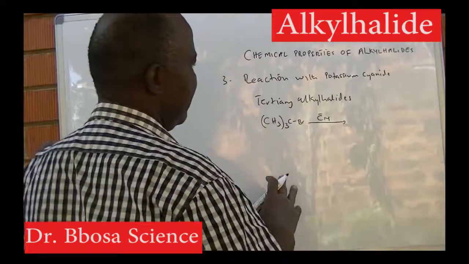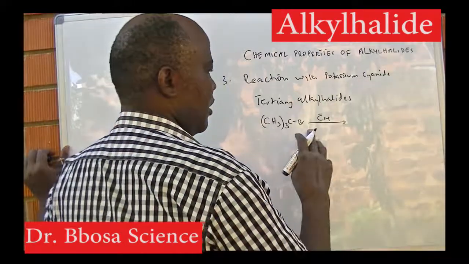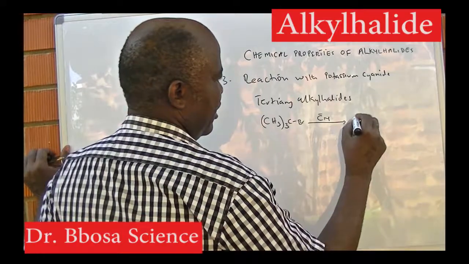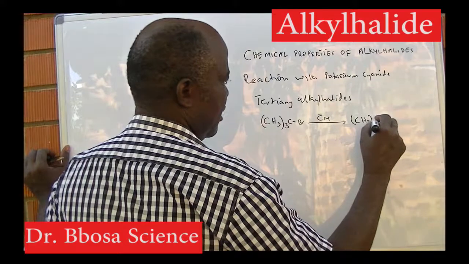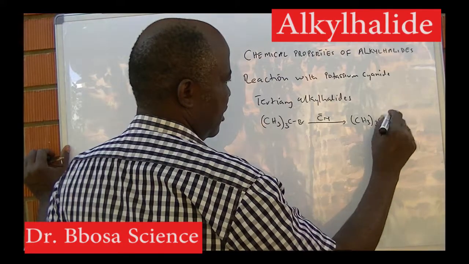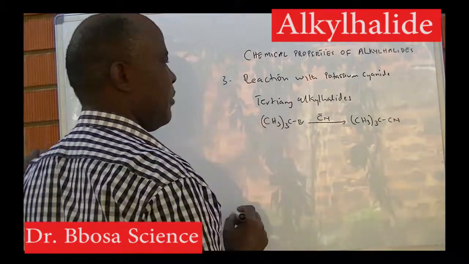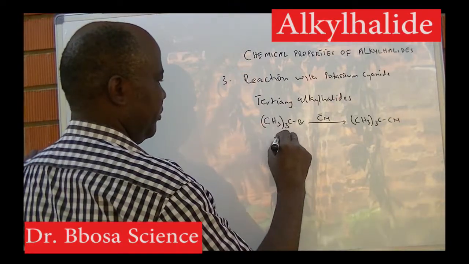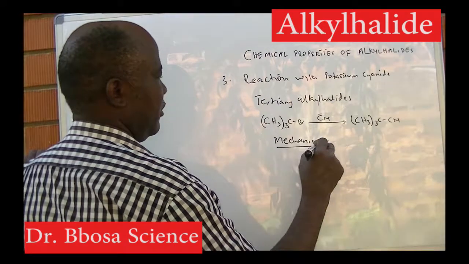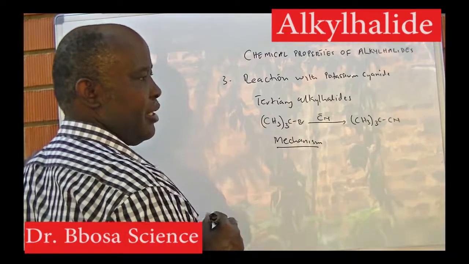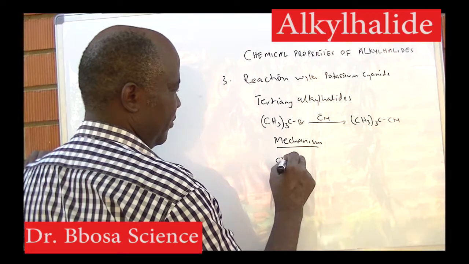Tertiary alkyl halide. For example, 2-bromo-2-methylpropane plus potassium cyanide, you will get the product and the mechanism. This being a tertiary alkyl halide will undergo SN1 mechanism.